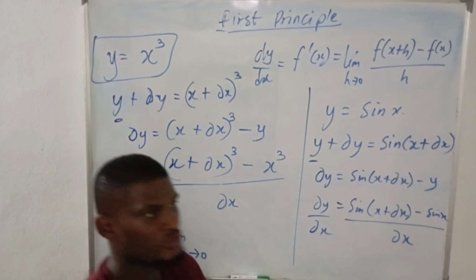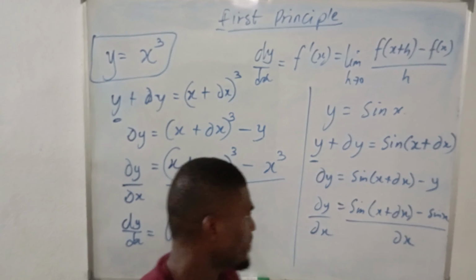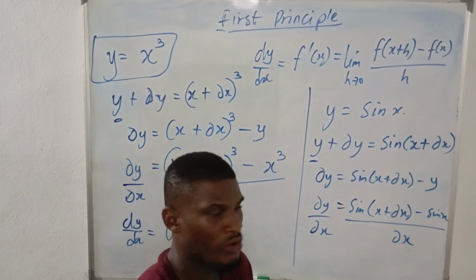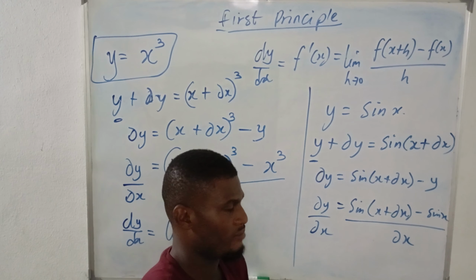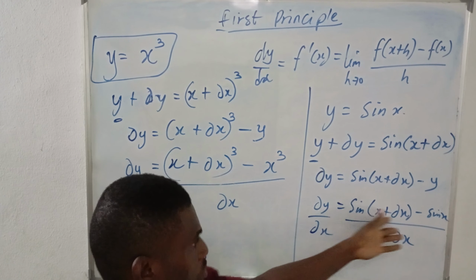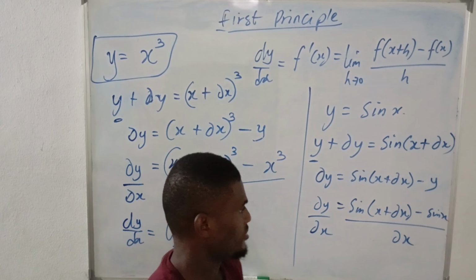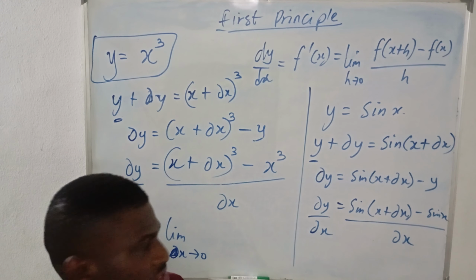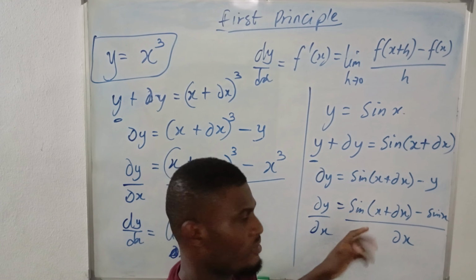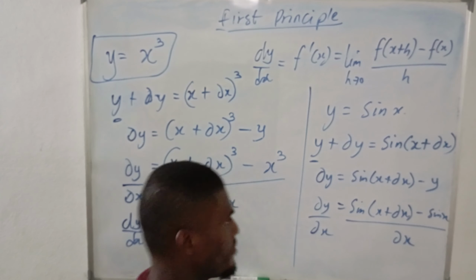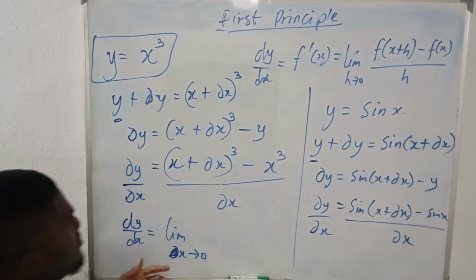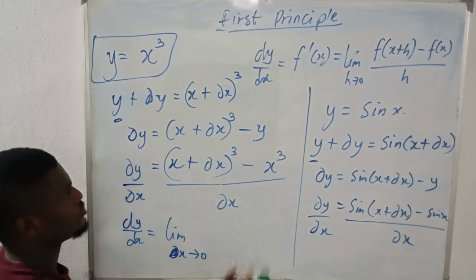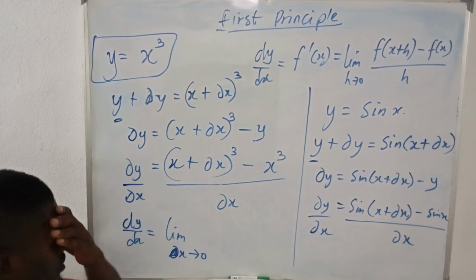So it follows the same principle, the same steps. And then after that, you now have to work with your knowledge of trigonometry. Trigonometry identities should be able to help you. The formulas should be able to solve this. While for the earlier one, your expansion should be able to help you solve the equation.